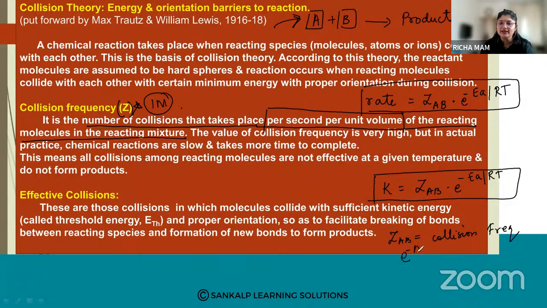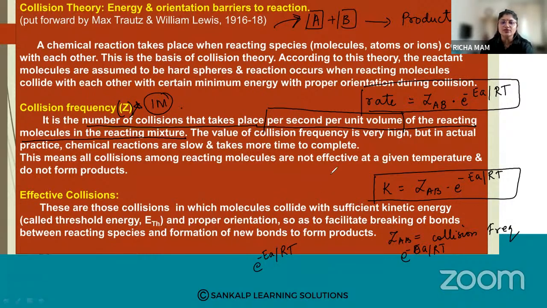And e raised to minus Ea by RT is what? It is the fraction of molecules having energy equal to or greater than the threshold energy.